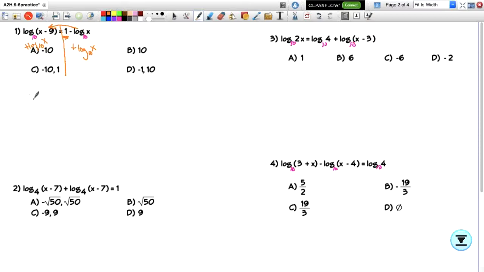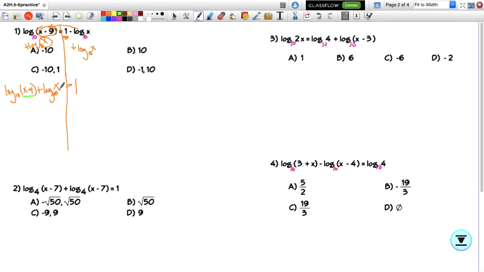Now, at this point, we can rewrite it. And for this first example, I will rewrite it. So it's going to be log base 10 of x minus 9 plus log base 10 of x equals 1. Now, the reason why I said I'll rewrite it this time is because in the future, I hope that when you see log with a base and a log with the same base and they're being added, you'll just say to yourself, oh, I need to multiply these two pieces together, because that's what we're going to do right now.